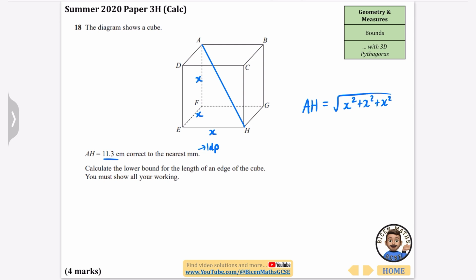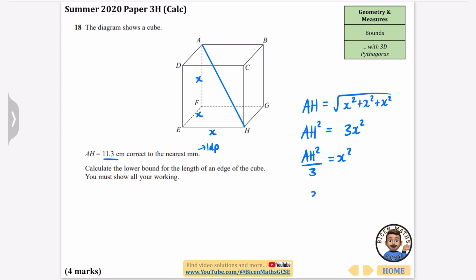Now, because I want to find a lower bound for the edge of the cube, I'm just going to rearrange this to find out what x would be equal to. First of all, I'm going to square both sides so that I get AH squared equal to x squared plus x squared plus x squared, which is equal to 3x squared. Now I'm going to divide both sides by 3 so that AH squared divided by 3 is equal to x squared.